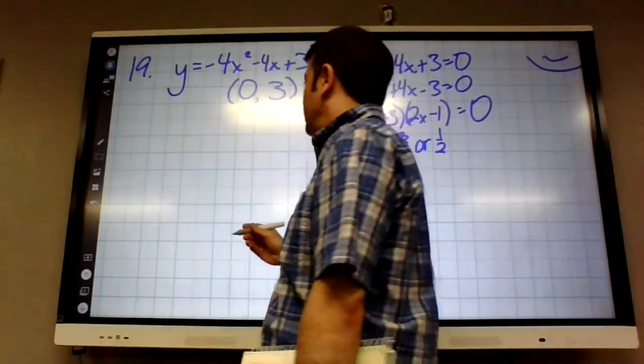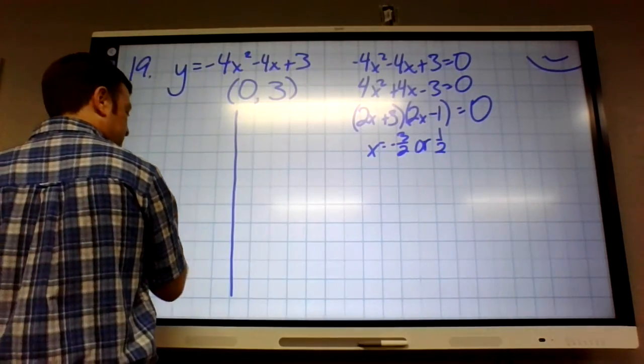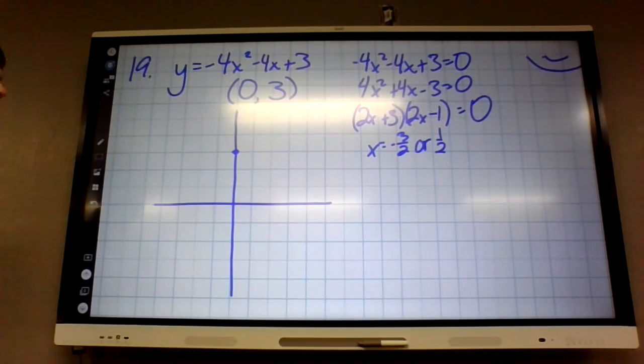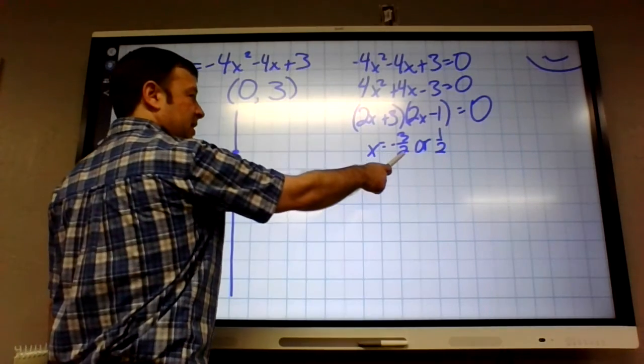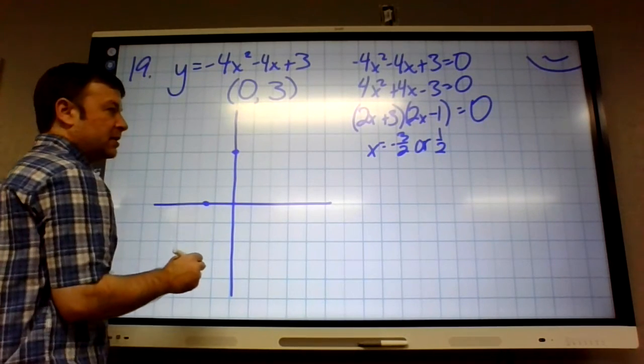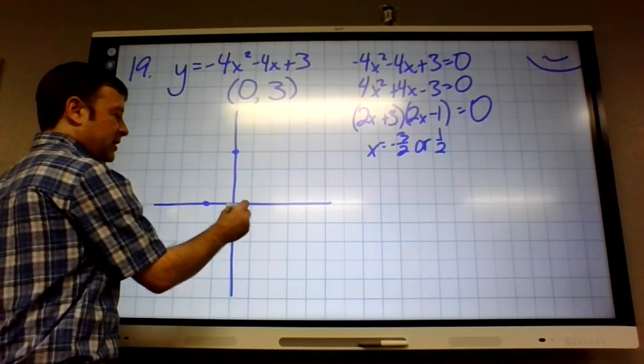Okay, so on the graph, the y-intercept is 3. Check. Where is -3 halves for the x-intercept? -1.5, right? So it'll be right there, and 1/2 is right there.